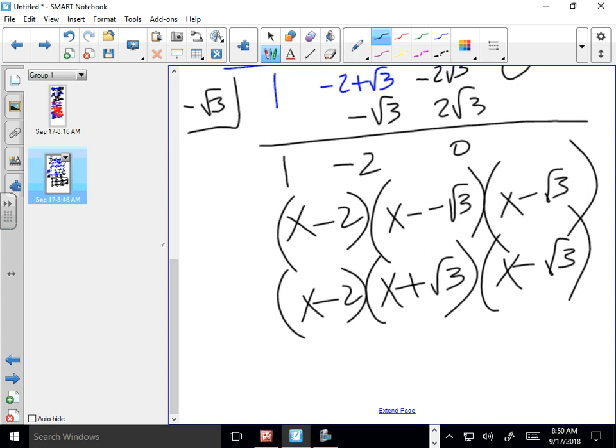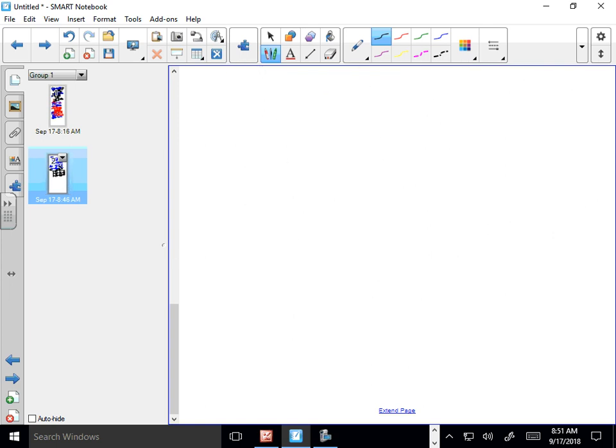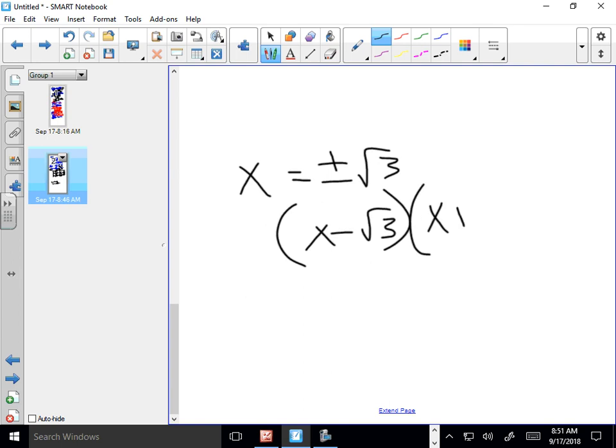There will be times when you have to do your division with irrational things, and it's going to feel icky. But Ryan offers us a suggestion. Ryan says, look, if you know that x equals plus and minus root 3, that's going to give you x minus root 3, x plus root 3, or when he boiled it out, this.